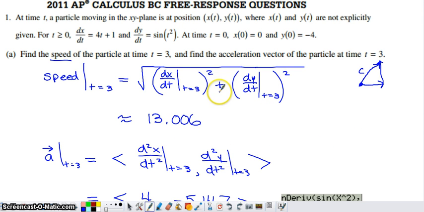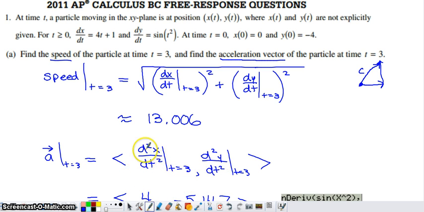And then in the second part of part A, it wants us to find an acceleration vector. Now, in physics, you'd probably find the x component of acceleration and the y component of acceleration, and find the magnitude and the direction of that resultant vector. In calculus courses, what you typically do is just list the vector component-wise, meaning it's almost going to look like an ordered pair.